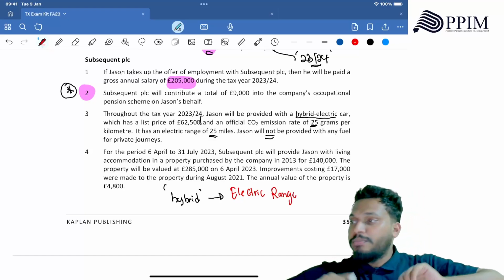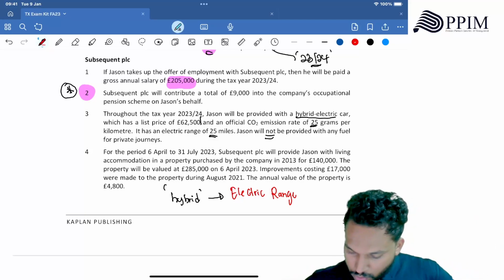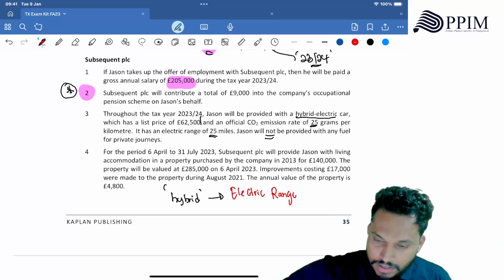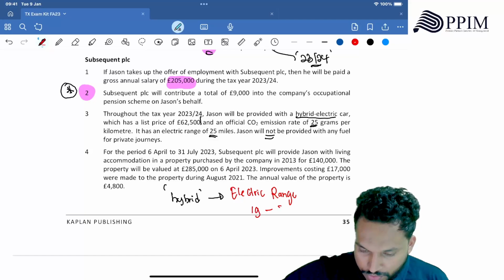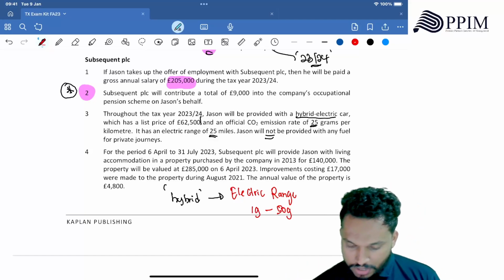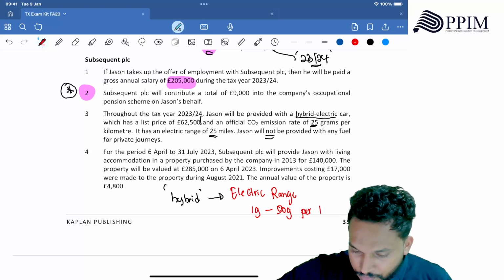Now this part of your question is given in your exam, but you need to know that the carbon emission rate is falling between 1 gram and 50 grams per kilometer.